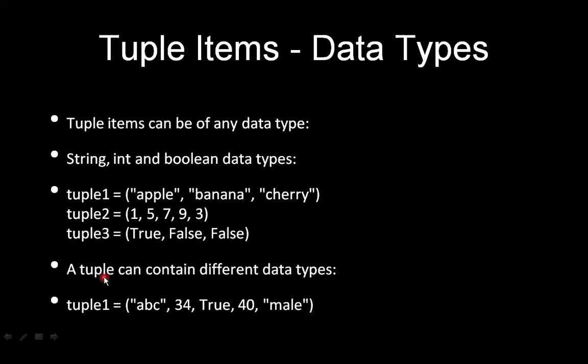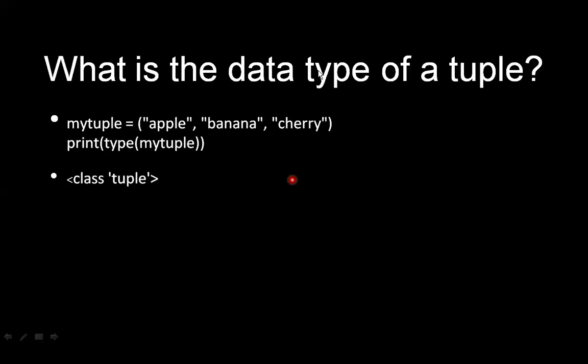So this is the theoretical explanation. Now one more important thing before going into the practical implementation: what is the data type of a tuple? How should I know what type of elements is present in the tuple?